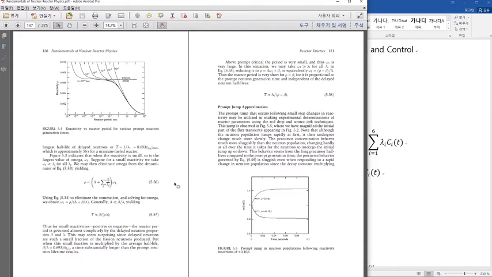If you are able to draw a graph just like this, then it can be said that you have pretty much sufficient understanding of the theories of point kinetics. So I wonder whether we have any questions about chapter 5.